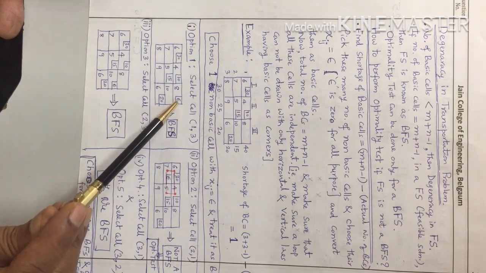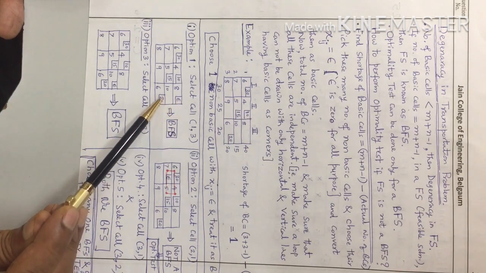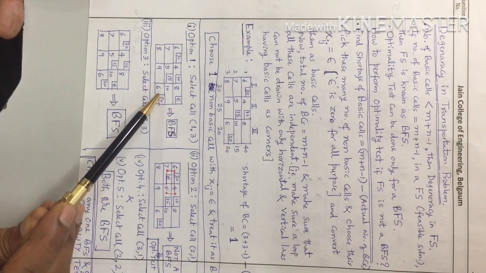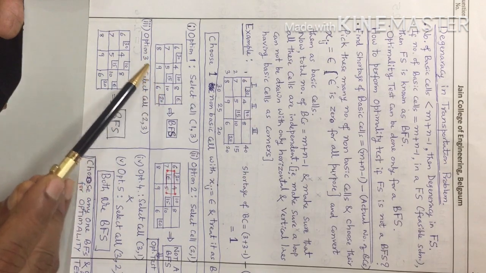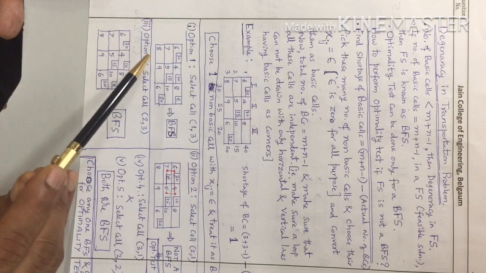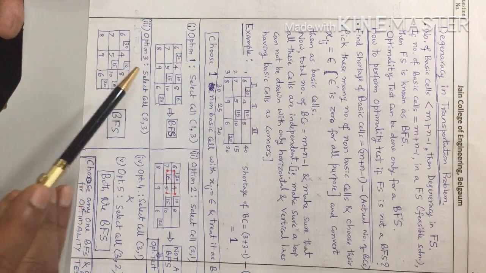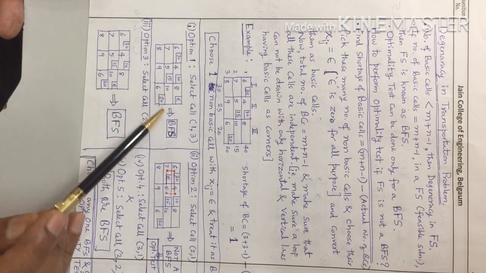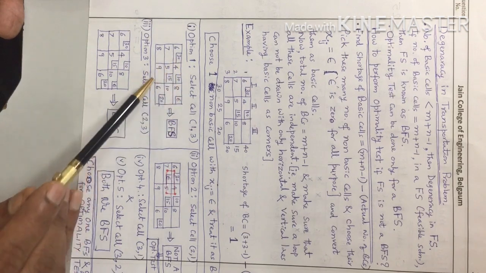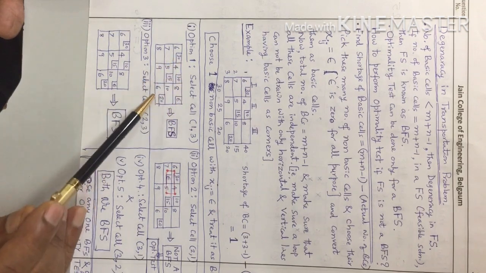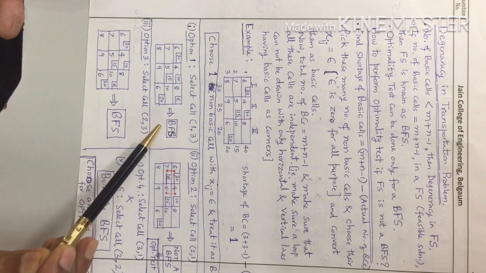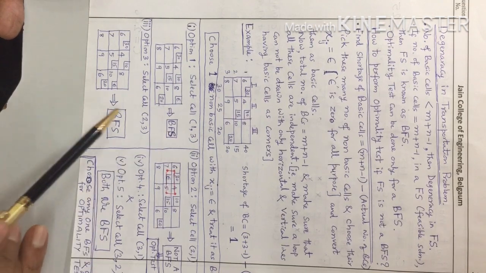For example, if I start from here, the only possible line is a vertical line like this. Then onwards I cannot draw any horizontal line, because I have to end the horizontal line only at a basic cell, since that basic cell must be a corner of the loop. Therefore I cannot draw a loop, so this solution is a basic feasible solution, and I can go on for the optimality test.